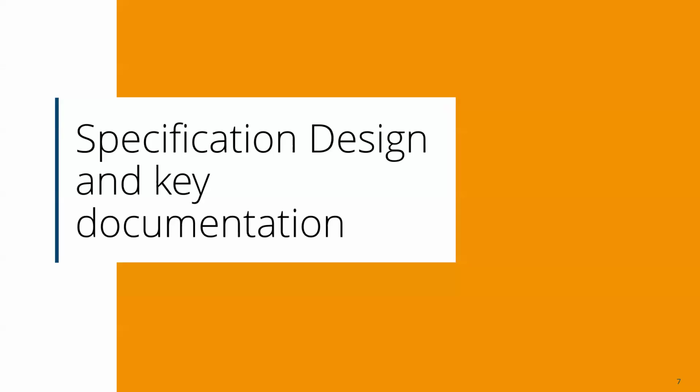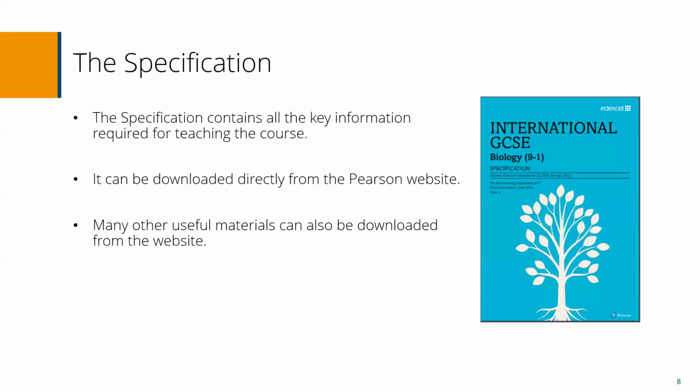So let's look at the actual specification itself. In the resources is a copy of the spec, which you are able to download, but equally you can get the specification from the Pearson website, which I'll show you in just a minute. You might or might not notice that the specification has on the front issue 2. The issue 1 is the one that came out originally.